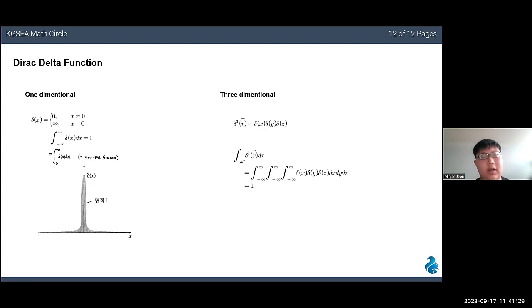As shown in the slide, two Dirac delta functions are used in different dimensions, 1 and 3. But the results are the same, 1. So this also means the Dirac delta function can be expanded to the nth dimension, like the definition of the del operator.